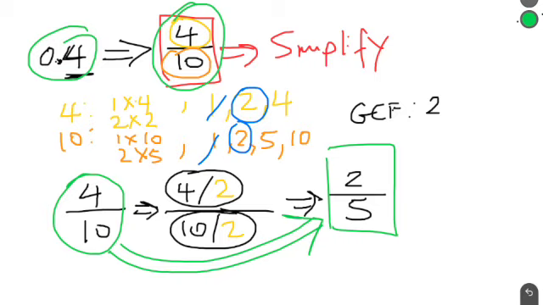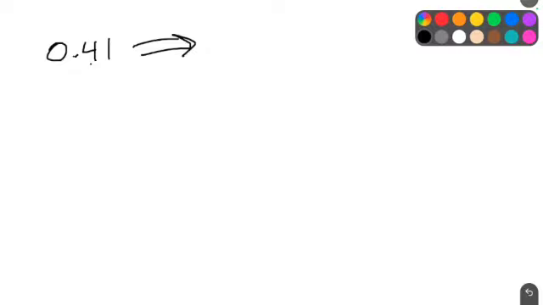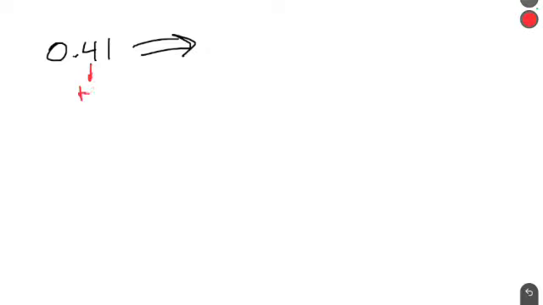Let's look at a bigger number. We may have a challenge with a bigger number, but let's take a look at it. So let's say we have the decimal 0.41, and we want to convert this into a fraction. Converting this into a fraction would mean we have the 4 in the tenths place and the 1 in the hundredths place.